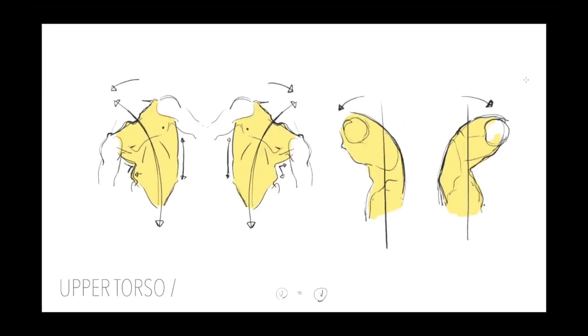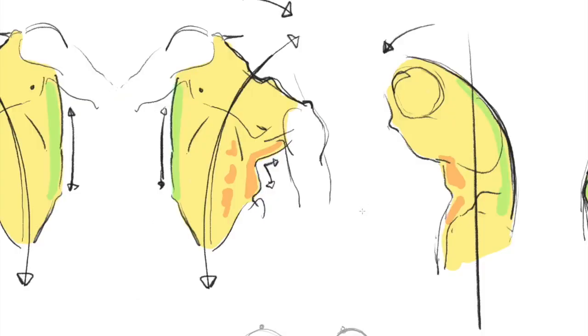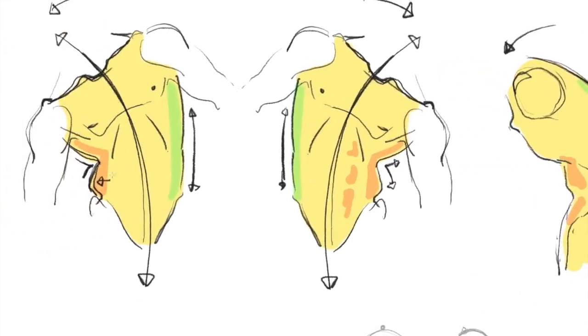When we move the torso around, think about where the stretch and squash are happening. No matter how the torso bends over to the side, front or back, your muscles are pretty easy to locate. They don't really change that much.